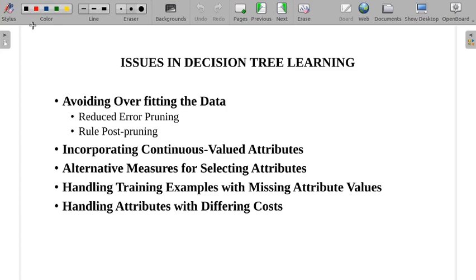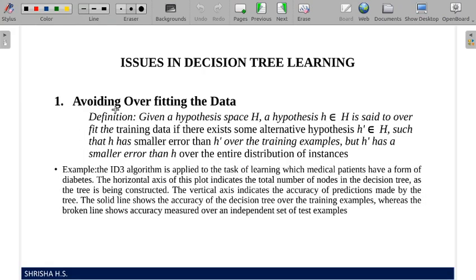First one, if you observe, avoiding overfitting of data, so we'll go to that part. First we will understand what is overfitting the data. We'll just take a real world example.